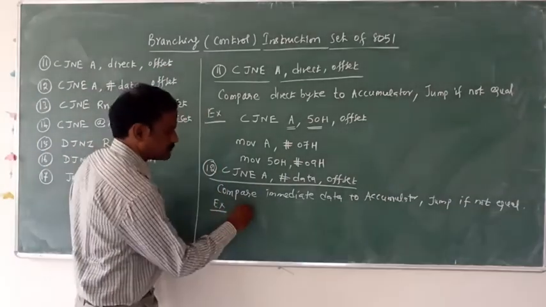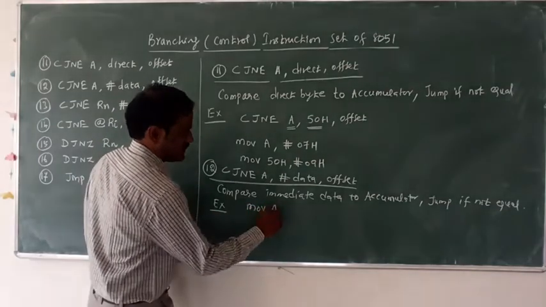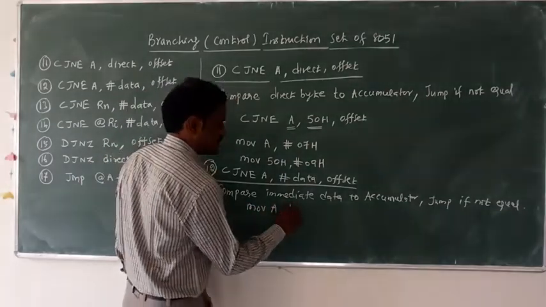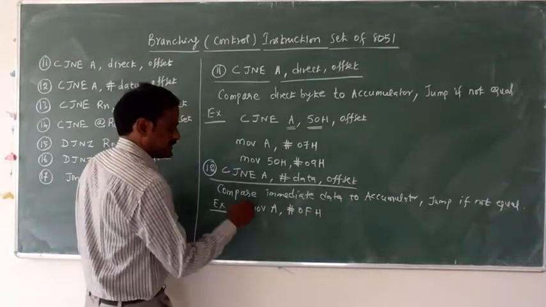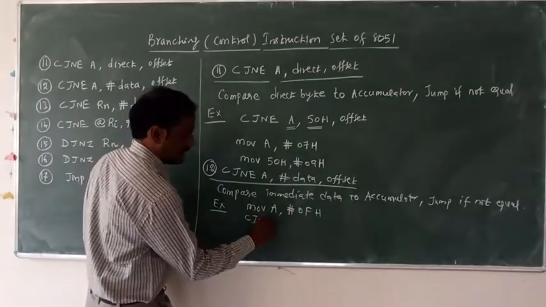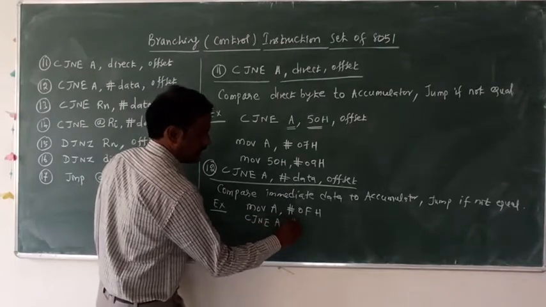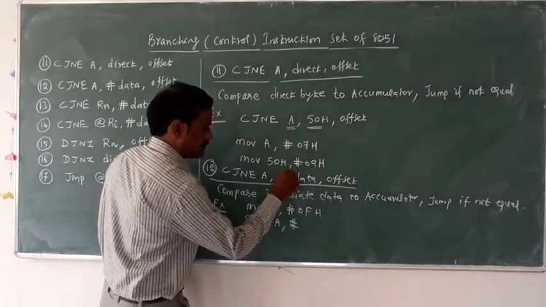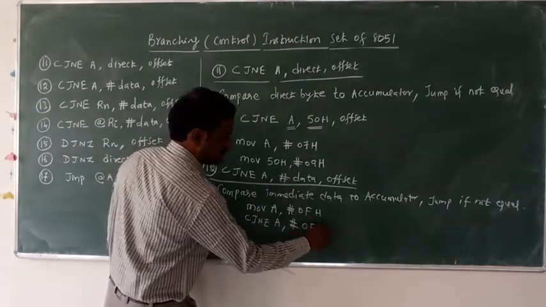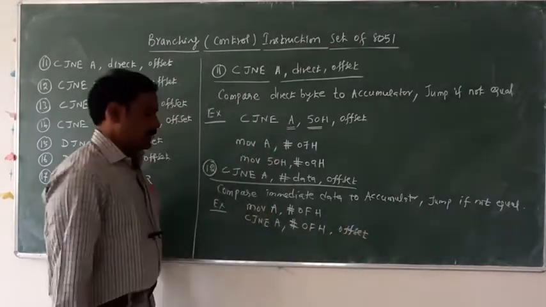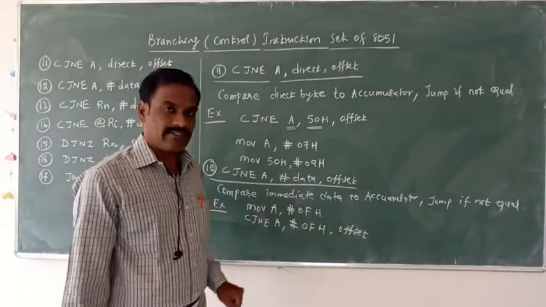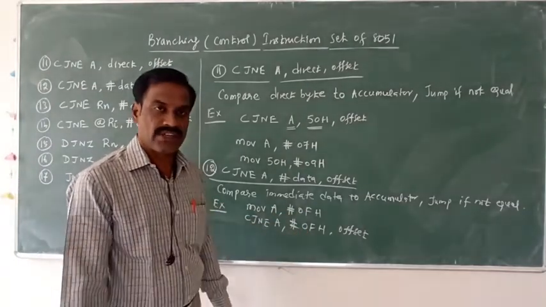Example, MOV A comma hash 0FH and then CJNE A comma hash 0FH comma offset. Here accumulator data 0F and immediately given data 0F.